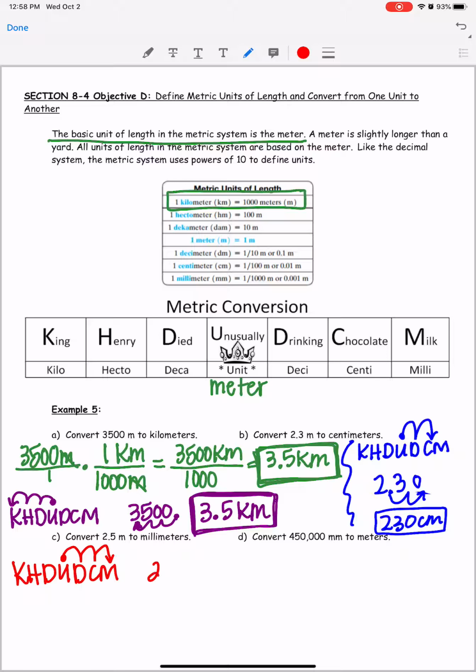So I have 2.5, and I'm going to move this 1, 2, 3 places over to the right. Put in your zeros. So this becomes 2,500 millimeters.